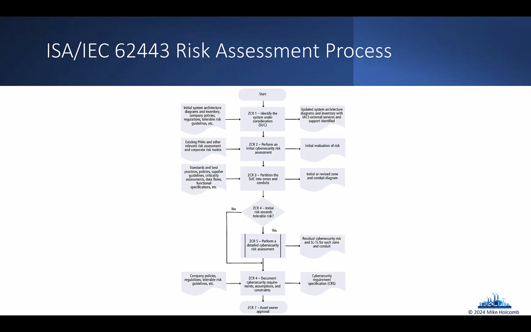You get these individual risk scores, and then you have to determine, is that risk score above or below the risk tolerance of the organization? If the risk is considered too high, then we have to apply security controls to lower the risk.